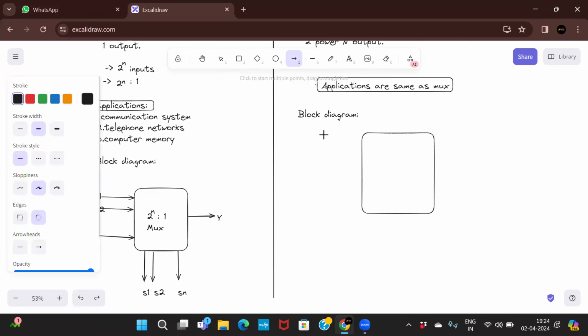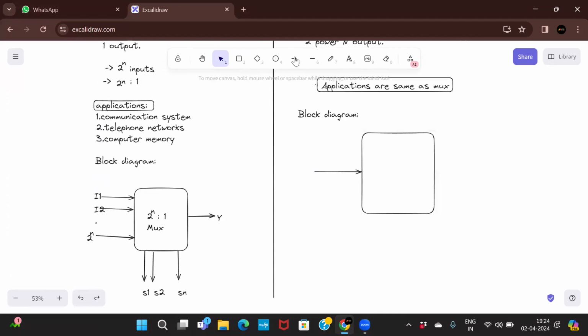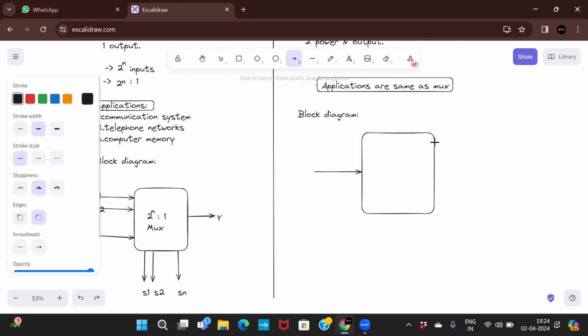According to the definition, we have one input and n number of outputs: output one, output two, and similarly n number of select lines. So basically, the multiplexer and demultiplexer work as switching.